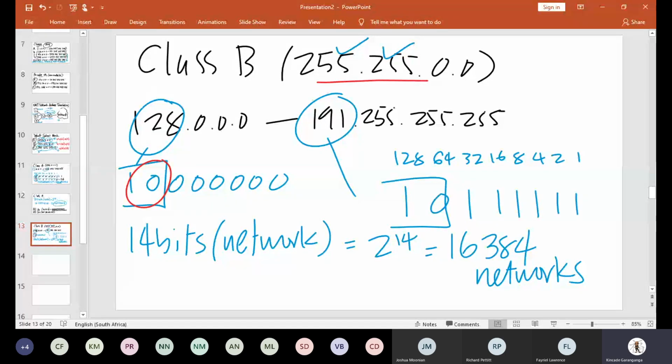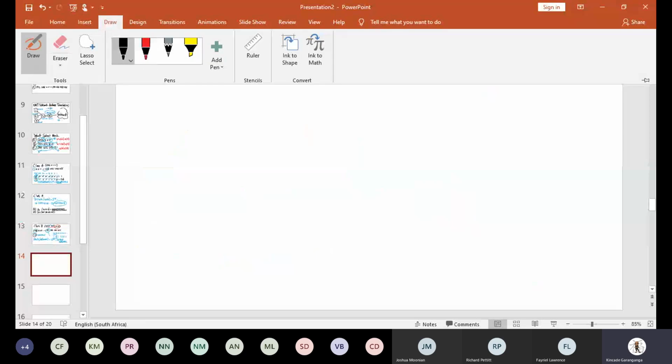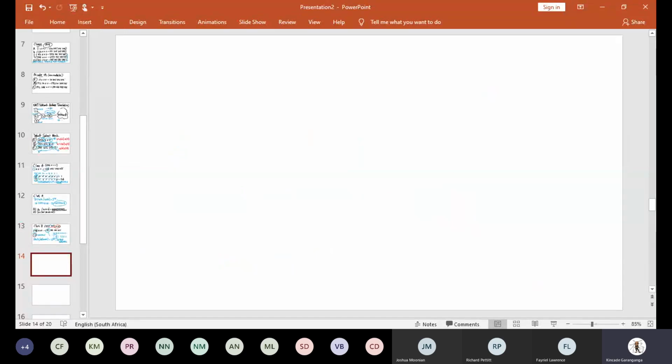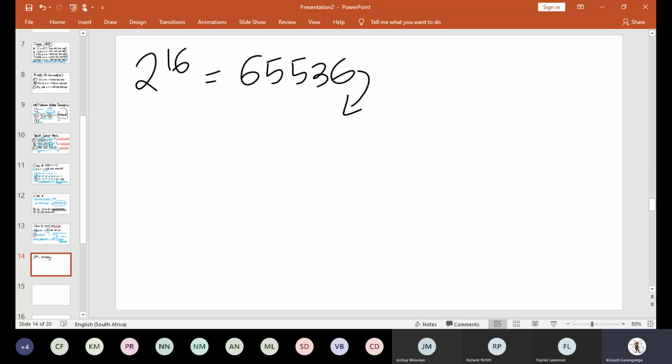And then what does it mean as far as the remainder is concerned? We're still remaining with 16 bits there. So what it typically then means is that as far as our actual host is concerned, we've got 2 to the power 16, all right, which gives you 65,536. But remember, we've got those 2 IPs. So you've got the 2 IPs that you'll never use, all right?